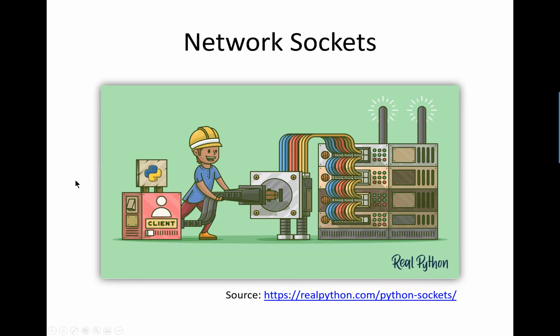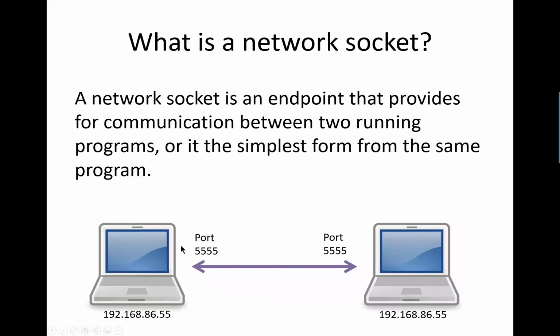They're used in all communications that we do within the internet or intranet or the cloud. Sockets are what's used to have two computers communicate with each other, or even the same computer communicating with itself. So a network socket is an endpoint that provides for communication between two running programs, or in the simplest form, from the same program.